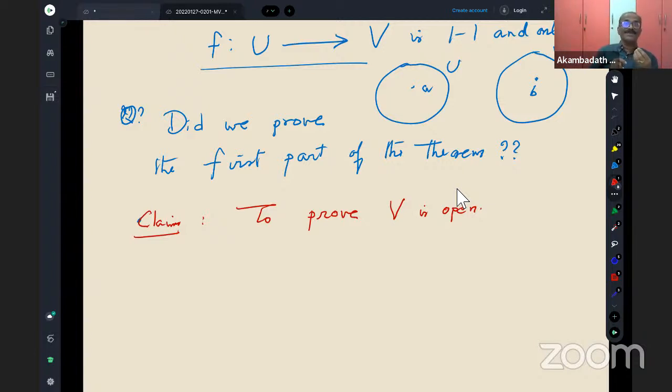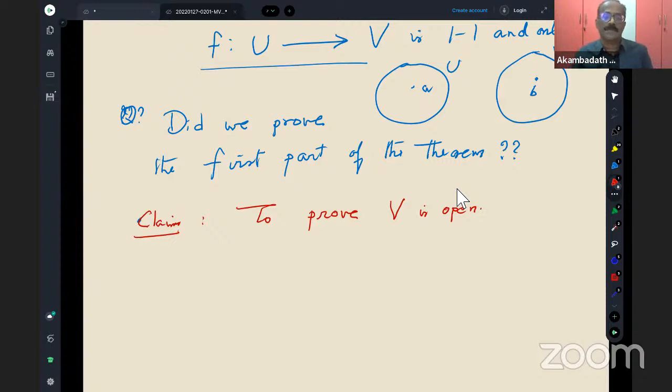In other words, take any point in V, take a neighborhood of that, and show that every point in that neighborhood is solvable back in U, because you want to show that it is an image of F. Then only it will be a neighborhood in V. V contains image points of U under F. Am I right? Yes. So we want to show that V is an open set. You take an arbitrary point and show that there is a small neighborhood such that every point in it is an image of some point from U.